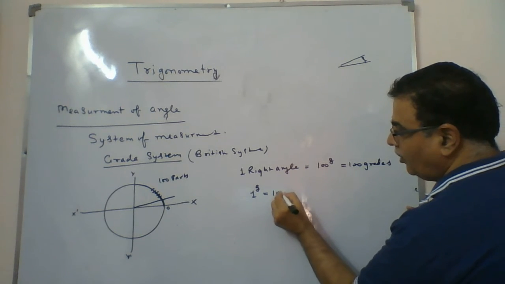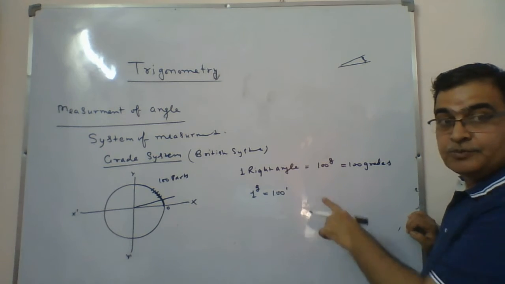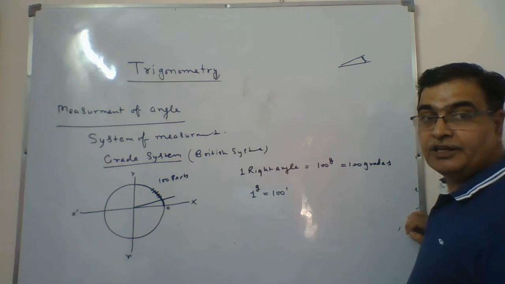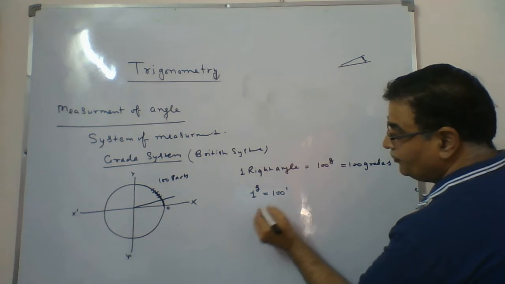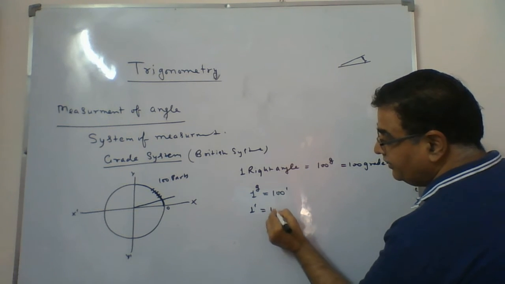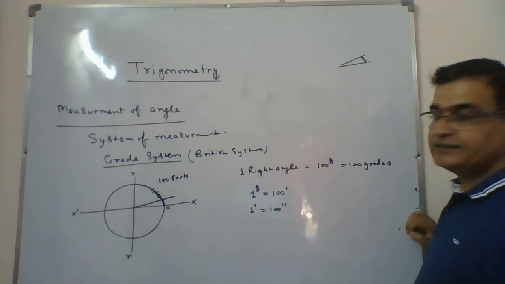And that will be called 100 minutes. This minute will be different from the minute in the degree system. Then this 1 minute is further divided into 100 parts, called 100 seconds.